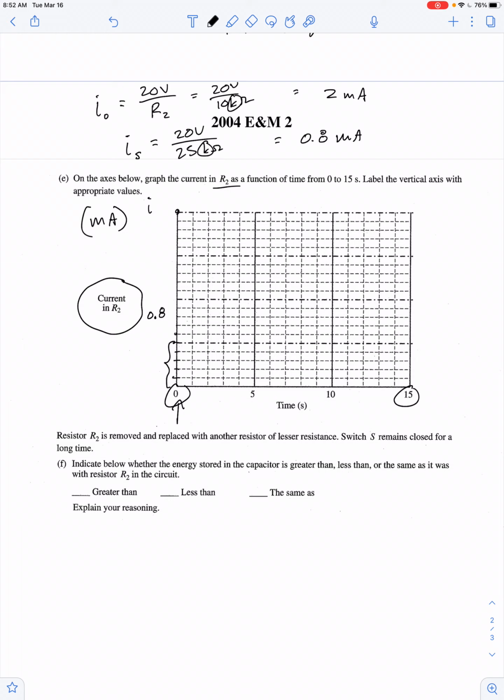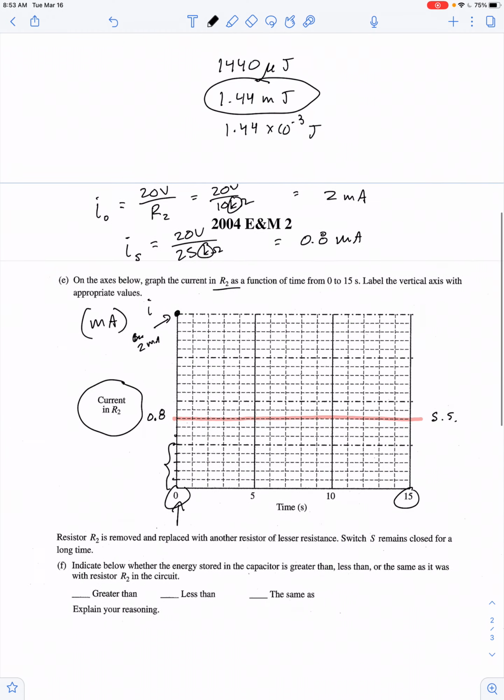And then this, of course, would be 2 milliamps. So let's fill in an asymptote here. That red line represents the asymptote for the steady state, and then this value of 2 milliamps represents the initial condition for current across that resistor number 2.